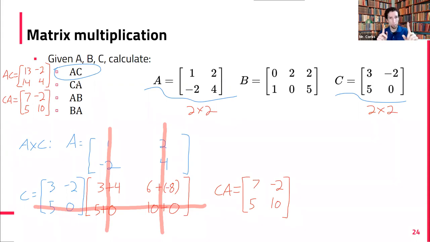So matrix multiplication, if you flip the order, you get completely different numbers. It's very different from normal multiplication with regular numbers. It's also very different from matrix addition, where we can switch the order. So matrix multiplication doesn't follow those basic rules.